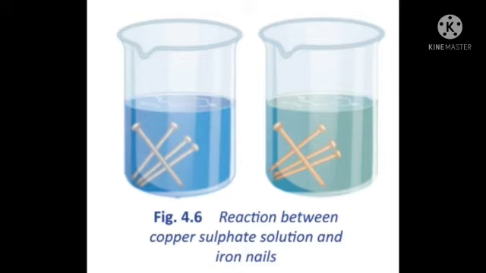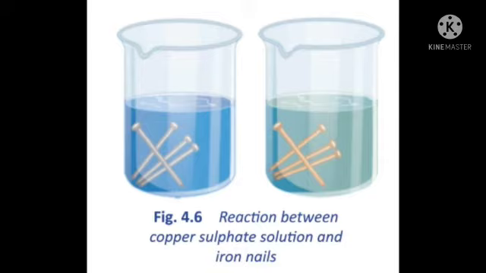The iron nails turn brown in color, as you all know. This is because iron sulfate is formed when copper sulfate reacts with iron.